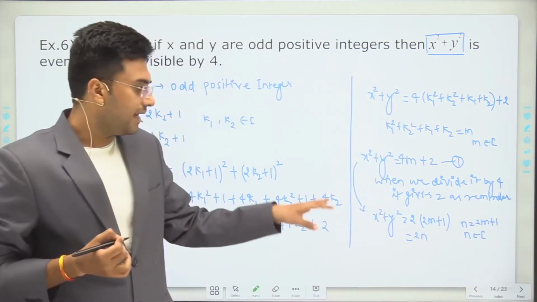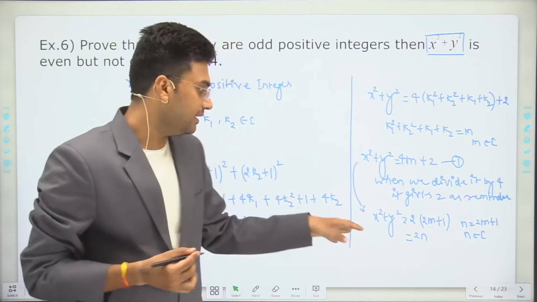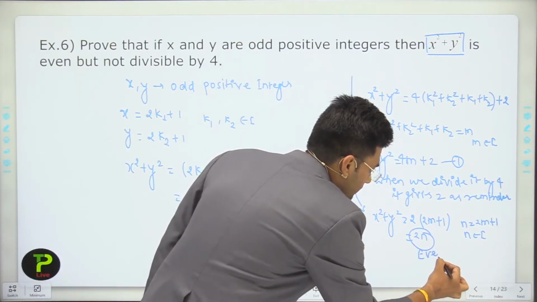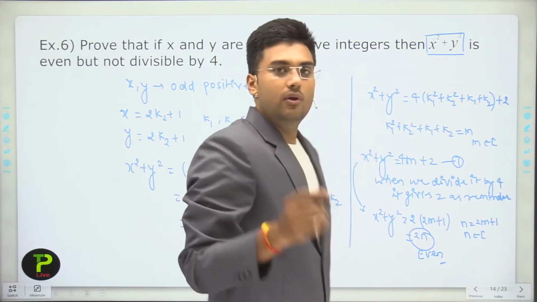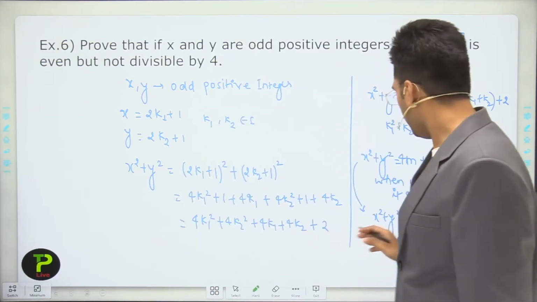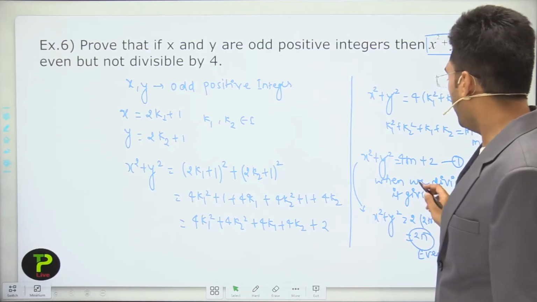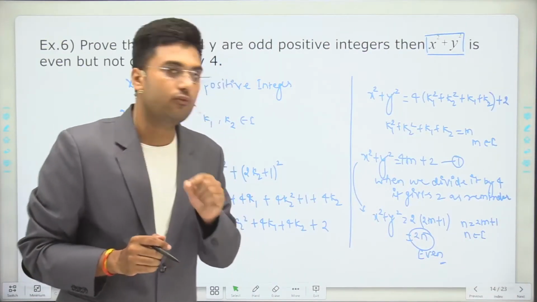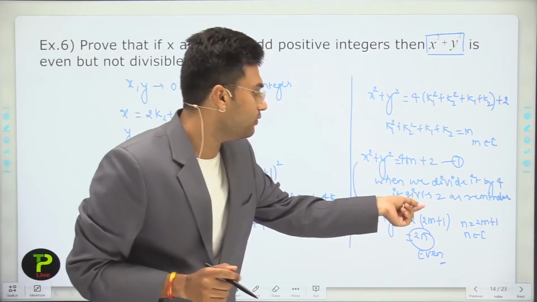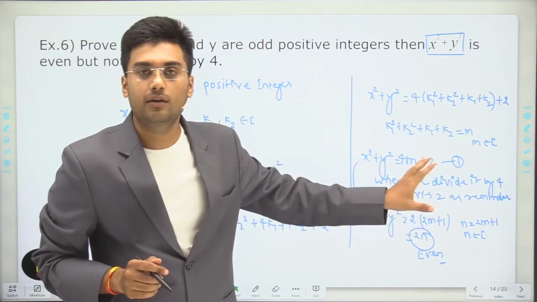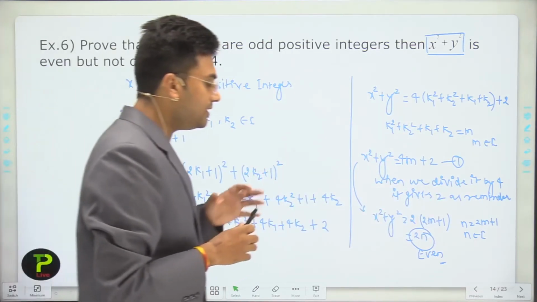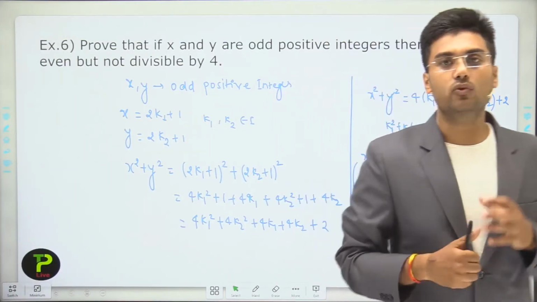So if we write x square plus y square as 2n, then it means it is an even number. So we prove that x square plus y square is even but not divisible by 4, because when we divide it by 4 it gives 2 remainder. Clear? Now after this example, let's move to the next example.